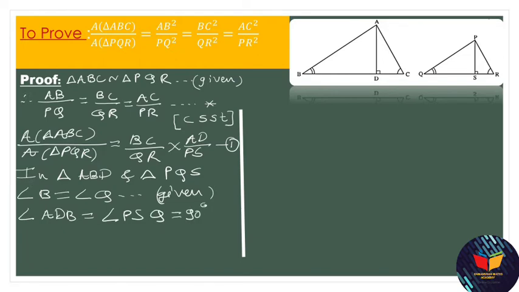Okay, so what we get here is that in triangle ABD and triangle PQS, angle B is equal to angle Q, and angle ADB and angle PSQ are the same, that is, they are 90 degrees.